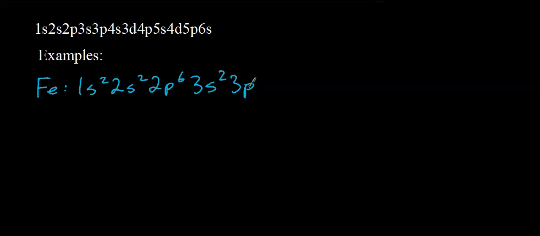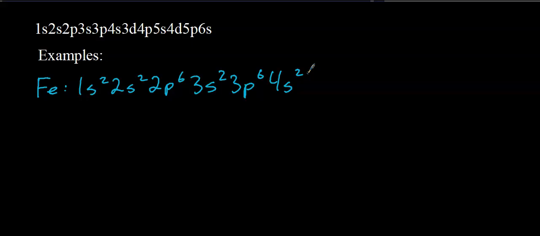Make sure you're counting the electrons along the way so you don't add too many. What sublevel fills after the 3p? It's 4s. How many is that? That is 20 electrons. We have 6 more.